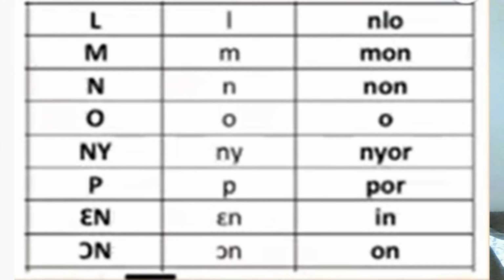And that curved E is written in both capital and lowercase, and the pronunciation in foreign language is eh. Alright? So the next letter is a half O written plus an N together, both in capital and lowercase, and the pronunciation is on.